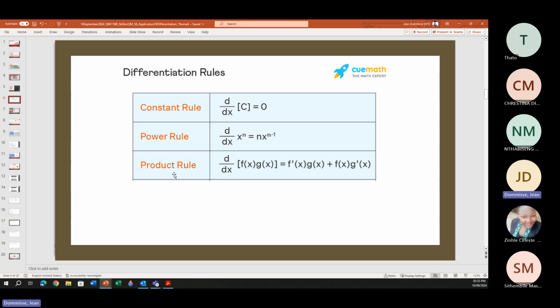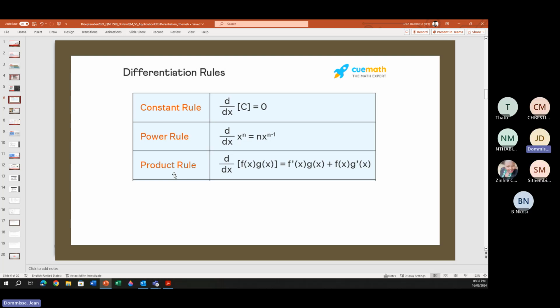The ones that we use the most are the power rule and the constant rule, because those are the ones we will use to get to marginal cost and to get to marginal profit. The power rule is normally the one that we will use to get to the marginal profit.